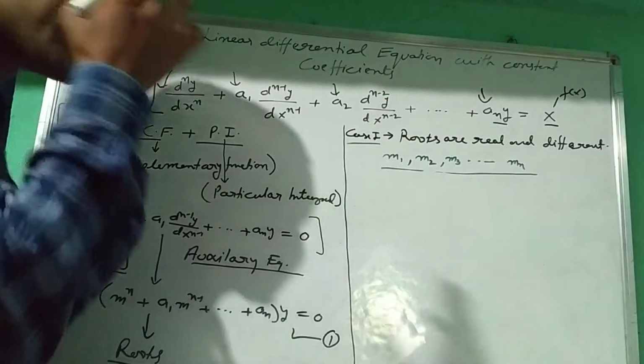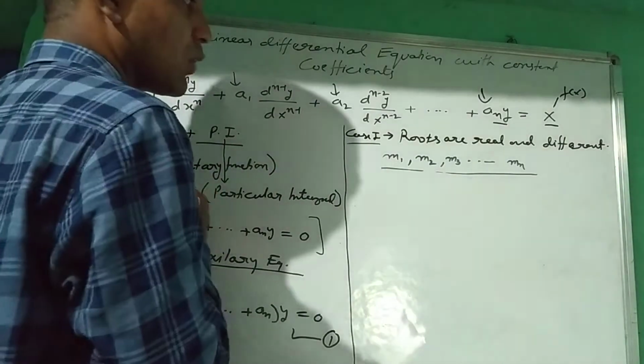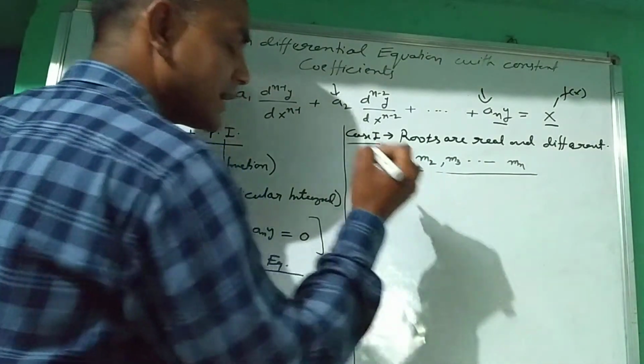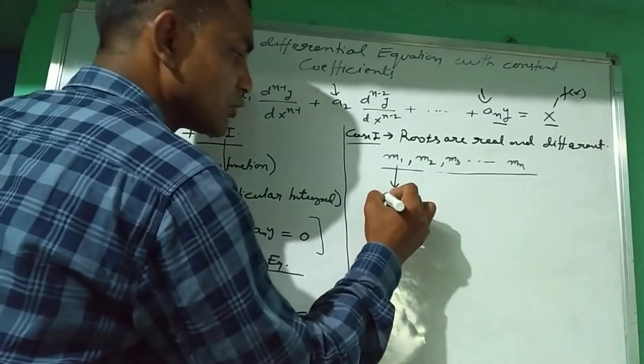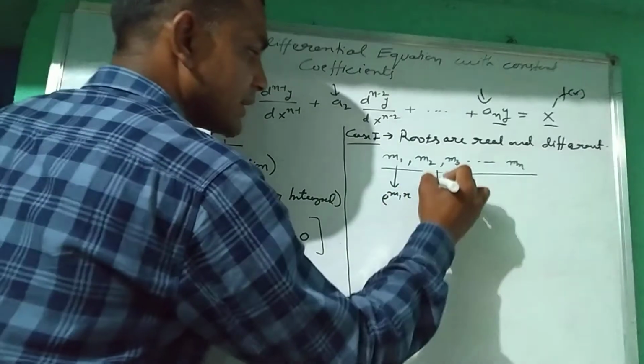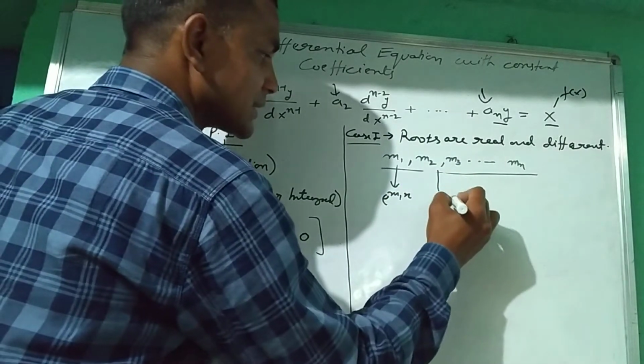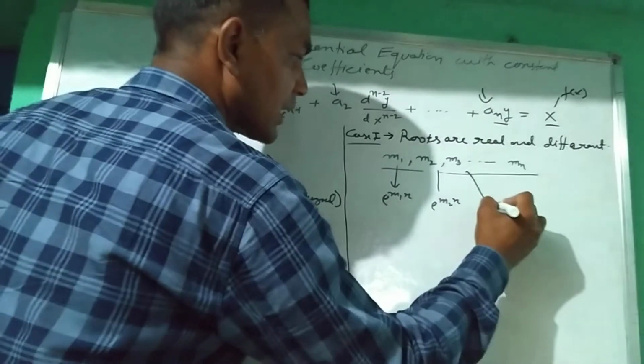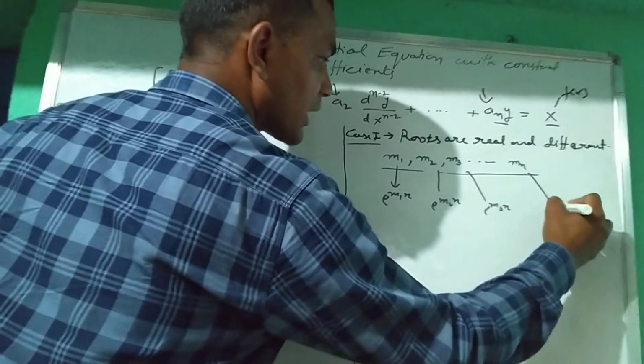We can write the complementary function. It means we have n linearly independent solutions: e to the power m1x, e to the power m2x, e to the power m3x, up to e to the power mnx.